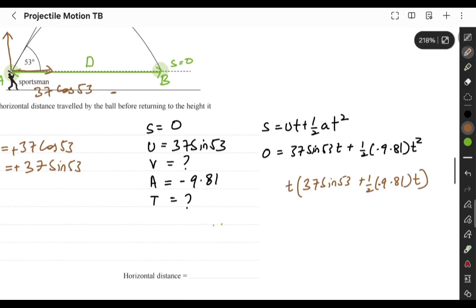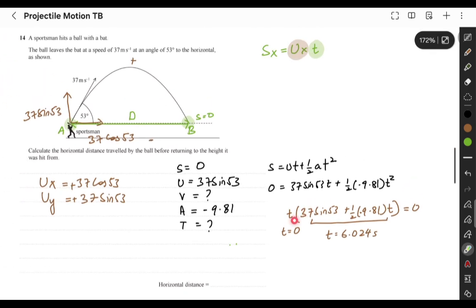Okay, so that's what we're going to be having, and we're going to get two values of t. And this all is going to be equal to 0. So either t will be equal to 0 or, if you equate this to 0 and solve, you're going to get t equals 6.024 seconds. So these are the two values of t that you're going to get.